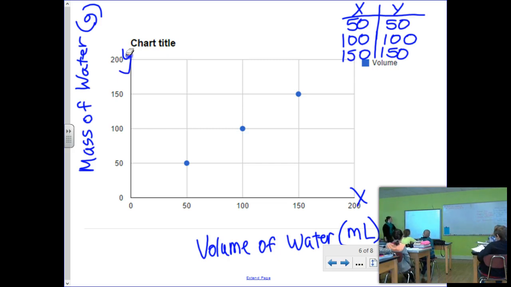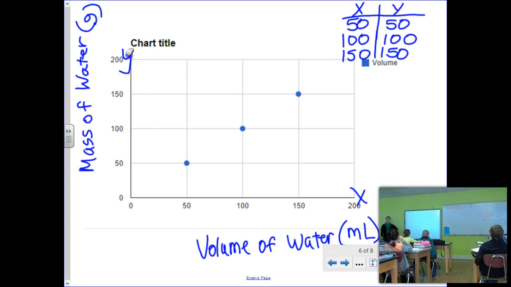Good. Now, what else am I missing? Anything else? Izzy? The title. I have it. Chart title. That's a perfect title. Is it? I think not. Emma, what are you thinking? Specific. So how can I make this more specific? What do you suggest? Mass versus volume of water.